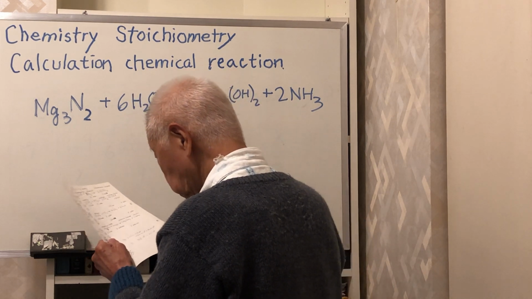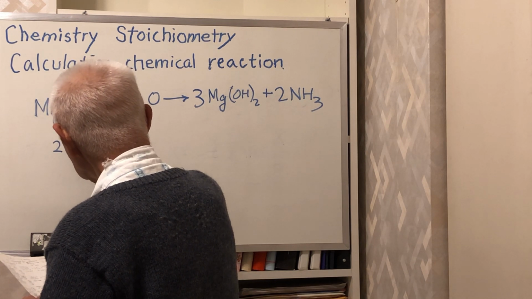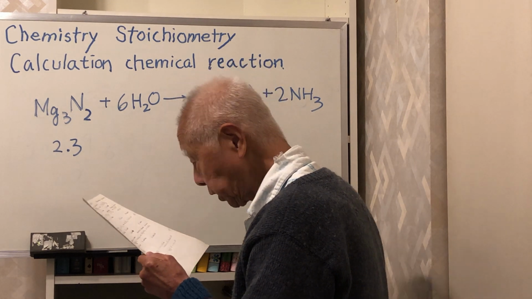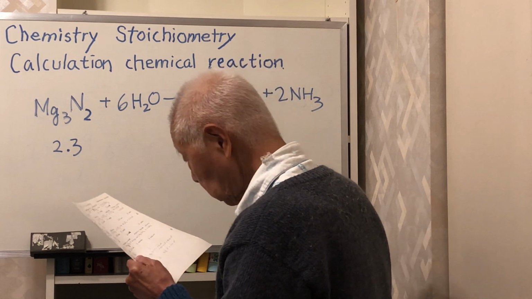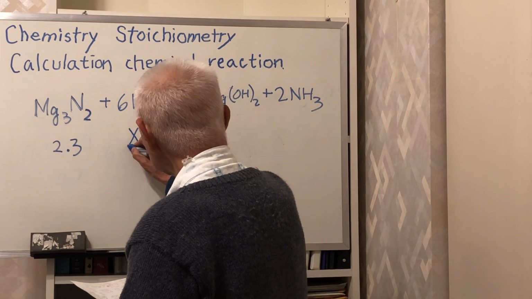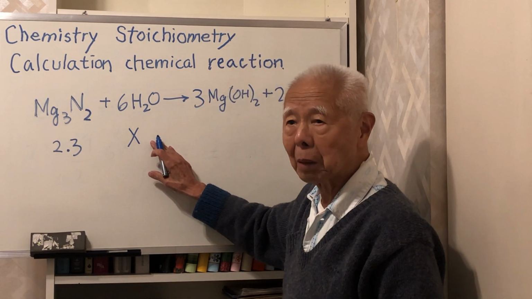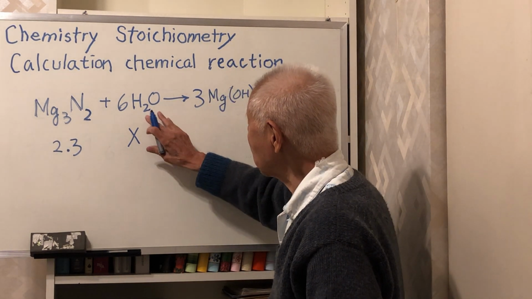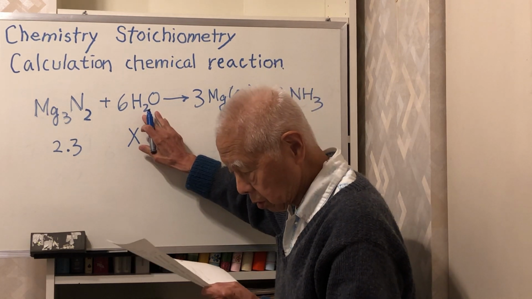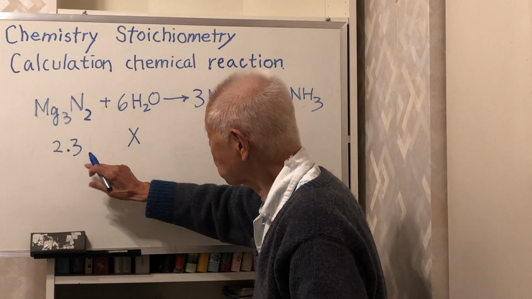The question is this. I have 2.3 moles of magnesium nitride, and I want to find how many, in this example, it's not how many moles, it's how many molecules of water do I need to react with 2.3 mole.